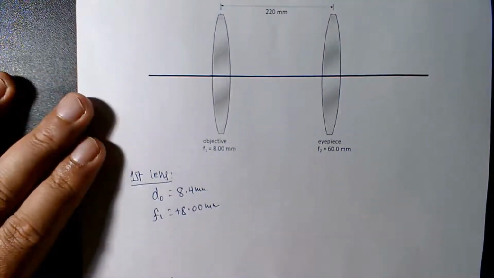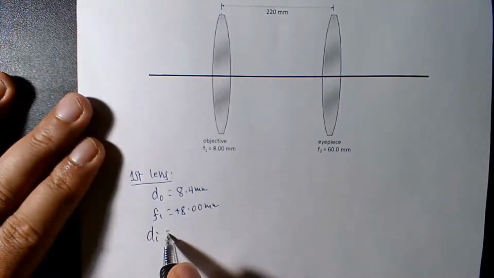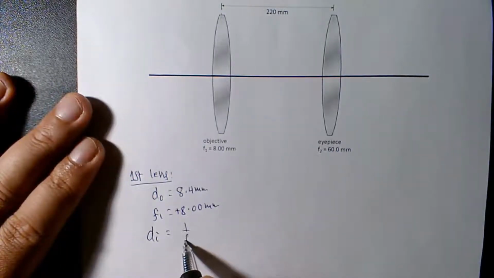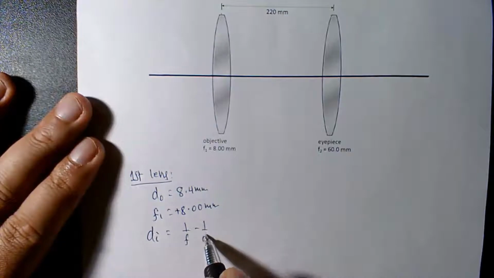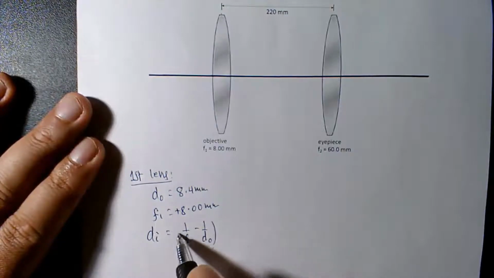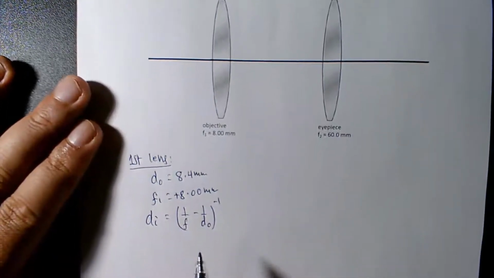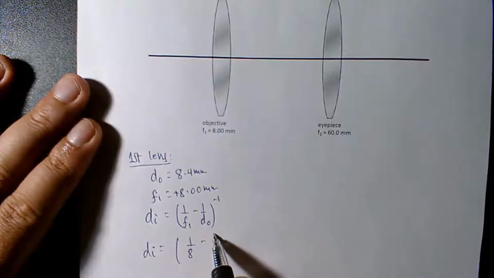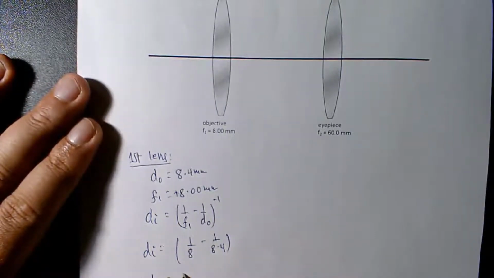What's the image position? From the thin lens formula, 1 over d_i equals 1 over f minus 1 over d_o. So f1 is 8 millimeters, minus 1 over 8.4. So d_i would be 168 millimeters.